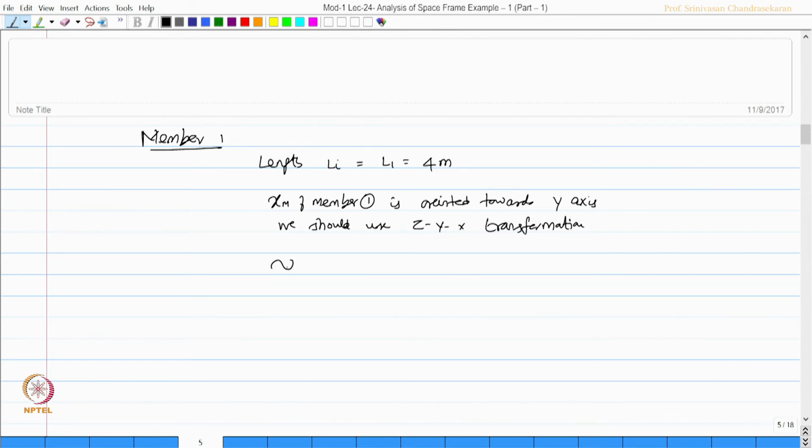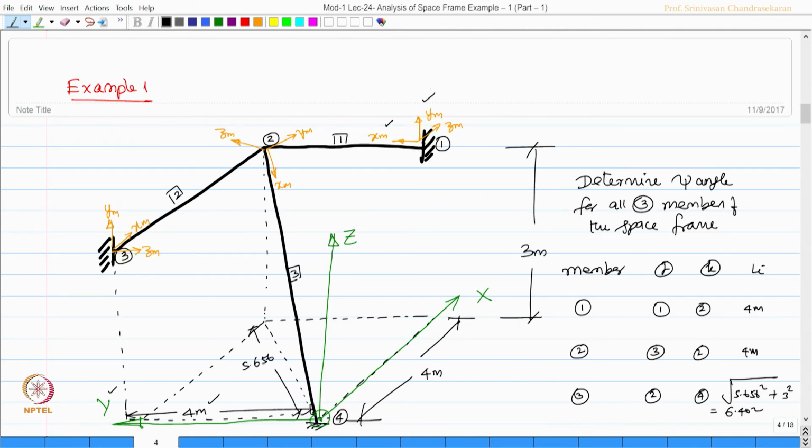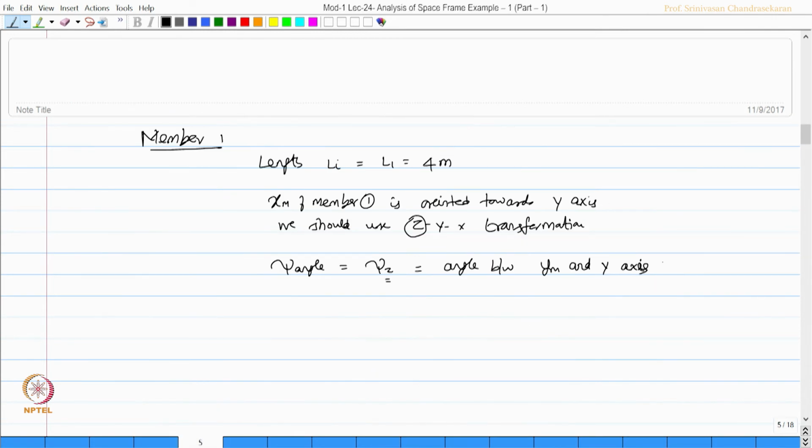Now, interestingly, the psi angle will be psi z, it depends upon what is the first transformation we do, which is actually the angle between ym and y axis, is it not? Now, you can see here ym and the y axis is 90 degrees. So, now I can say this is 90 degrees.